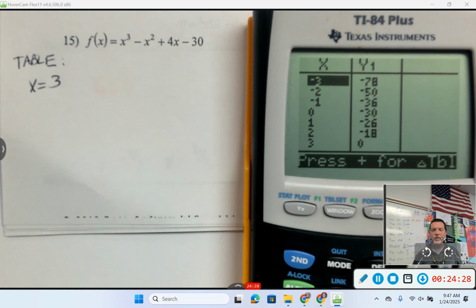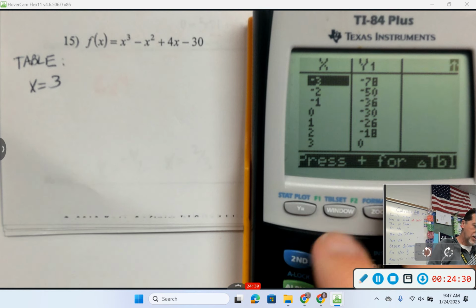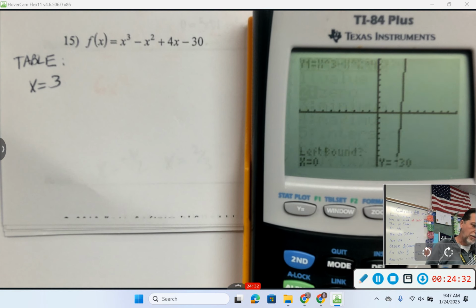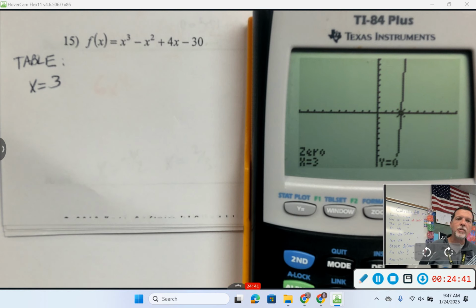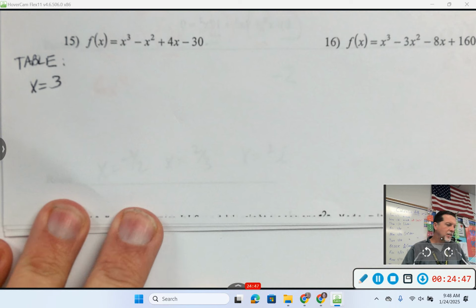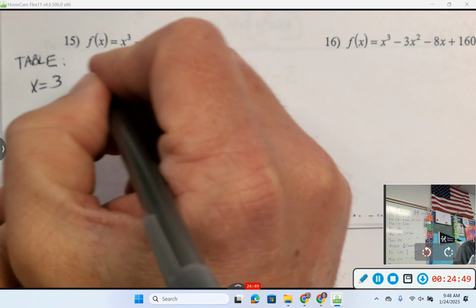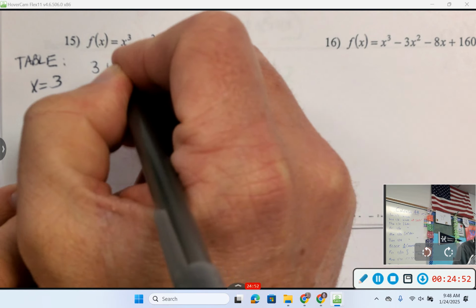I don't even have to do the second calc zero. Now, if you do it, it still works. Left bound, right bound, guess. Hey, x equals 3. What do you know? That's the only answer I have so far. So let's synthetic divide with the 3.